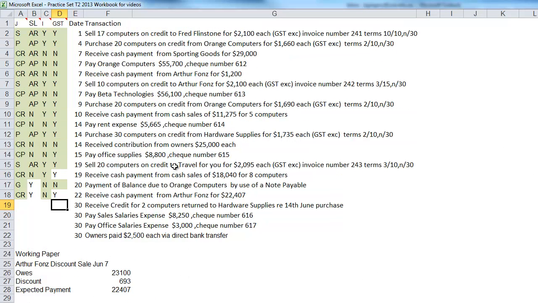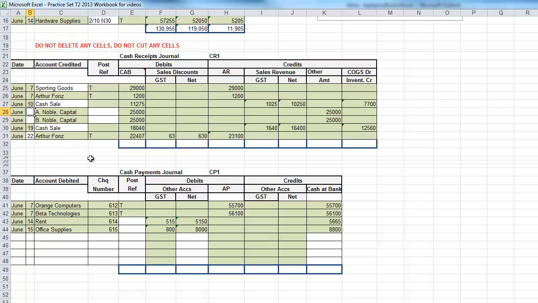So they were the 14th. That's that transaction done.